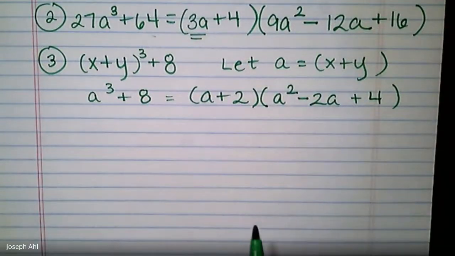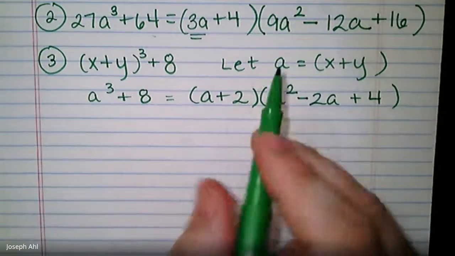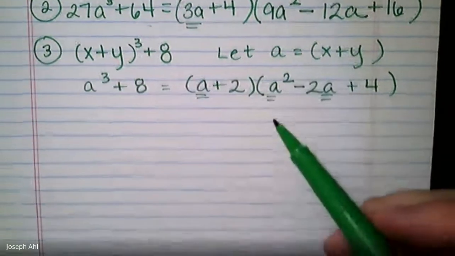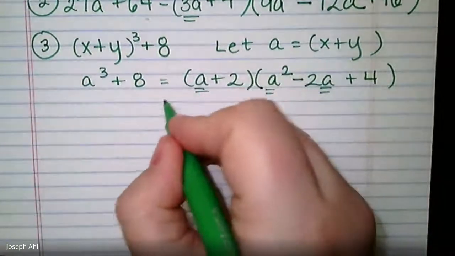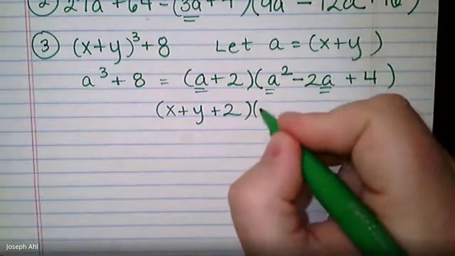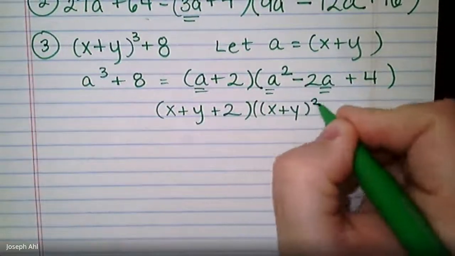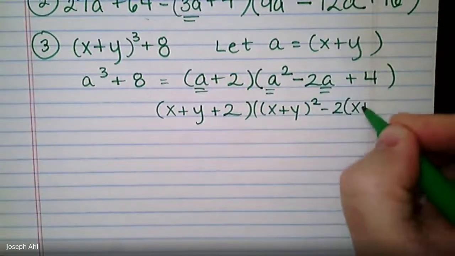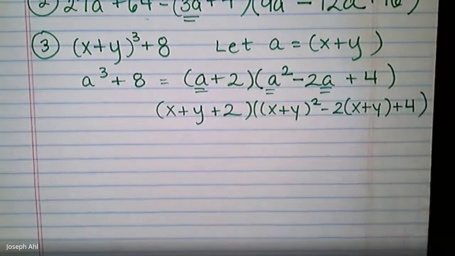For the last and final part of this process, wherever we see an a, which is in a lot of places, we have to replace it with x plus y. So we get x plus y plus 2, and then you get the quantity x plus y squared. Make sure you square that whole thing. Minus 2 times the quantity x plus y, plus 4.